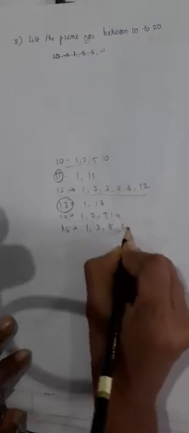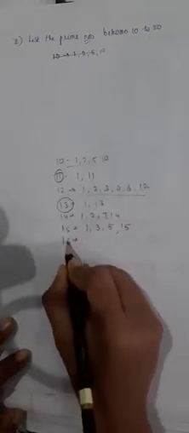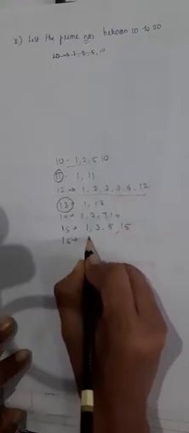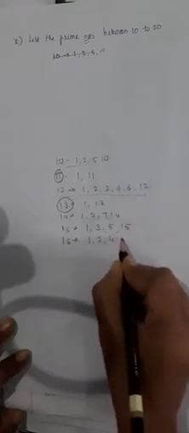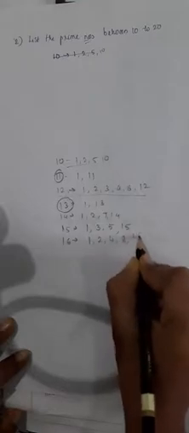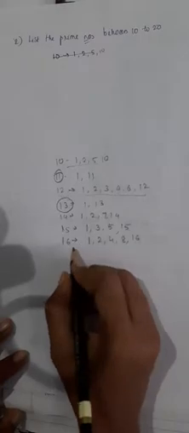15, if you take 15, it is found in the 1 table, 3 table, 5 table: 3 fives are 15, 5 threes are 15, 15 ones are 15. More than 2 factors, 1, 3, 5, 15, so it is not a prime number. It is composite. When you take 16, it is found in the 1 table, 2 table, 4 table, 8 table and 16 table. 8 twos are, 4 fours are, 2 eights are and 1 sixteen is 16.